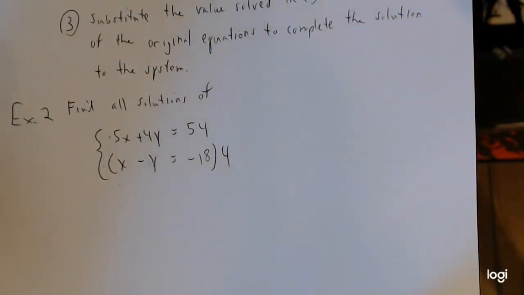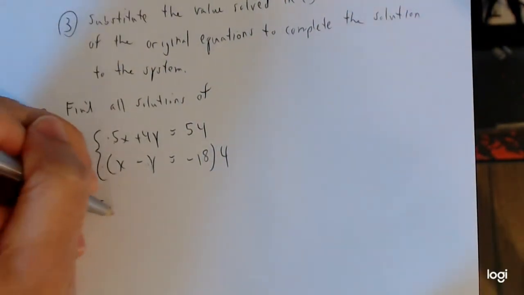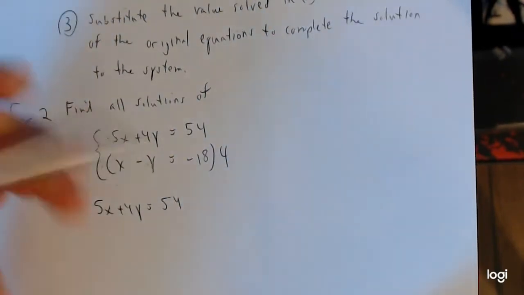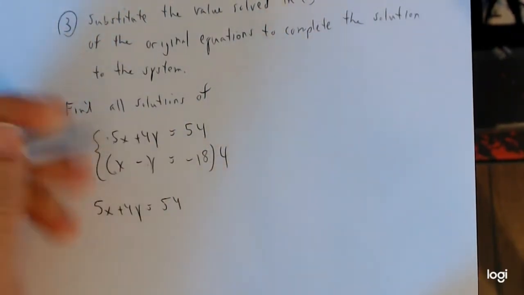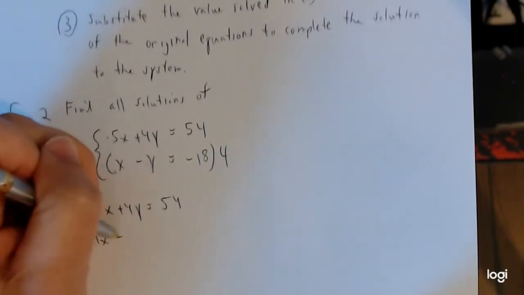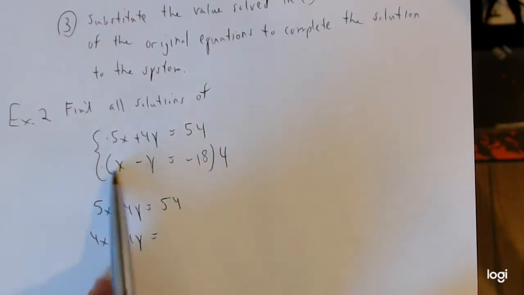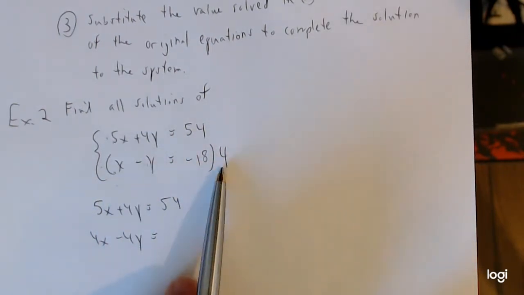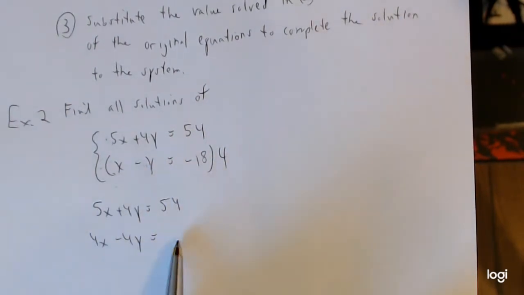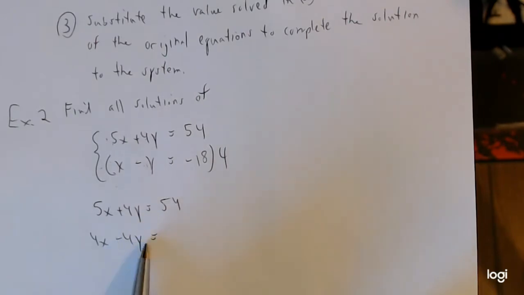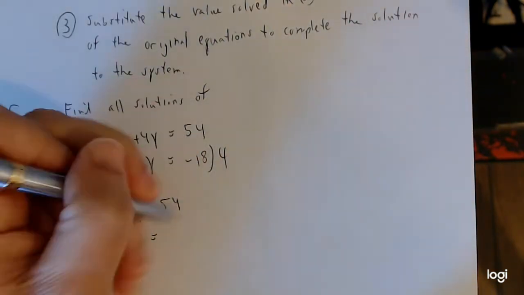So this turns into 5x plus 4y equals 54, and then this becomes, if I multiply it by 4, 4x minus 4y equals, and remember, why could I multiply this whole equation by 4? It is, after all, an equation. So as long as I multiply everything by 4, that's a valid move. It's just like a basic algebraic move. So if I multiply this whole row by 4, I get 4x minus 4y, and 18 times 4 is what?